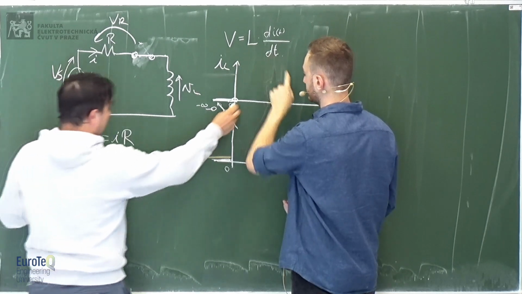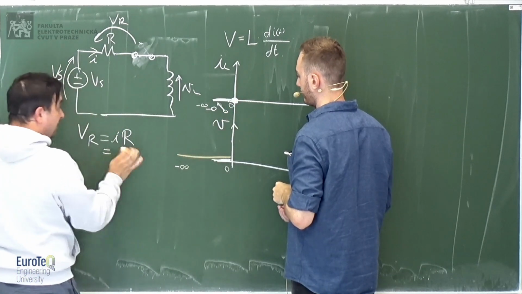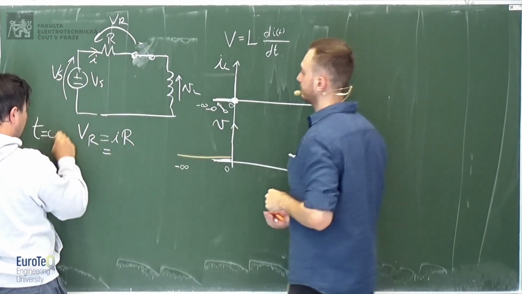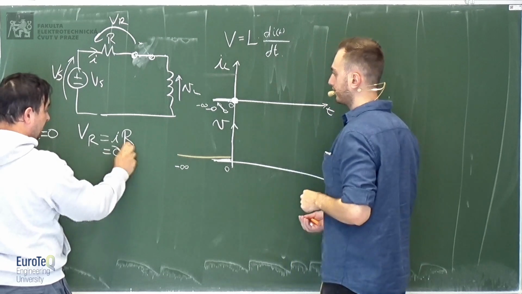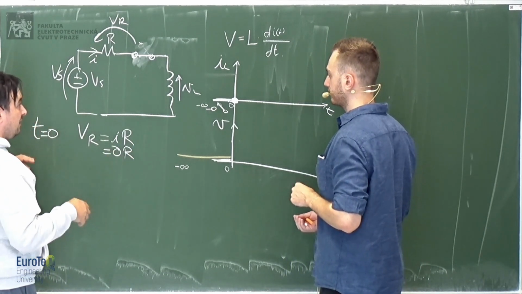And how much is I? It cannot move instantaneously. It's 0 at the beginning, at t equals 0. Exactly. So this current is 0 because you cannot move the current instantaneously by a step.